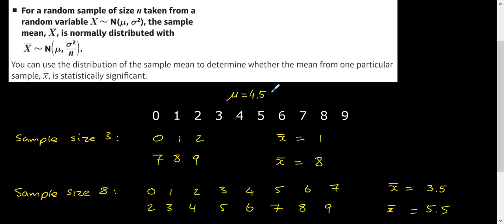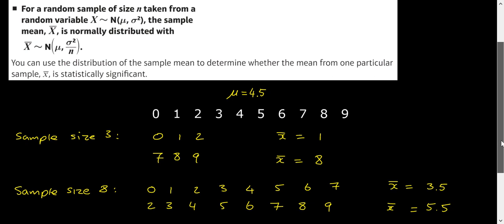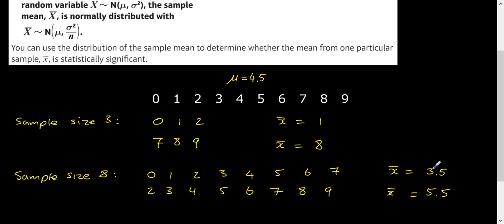Now, it's important to note that if we actually looked at every single sample of size 8, there are 45 of them, and we took the mean of each of those samples, and then found the average of those means, we would still get 4.5. What's happened by increasing the sample size is that the variance, how spread out these are, has changed.